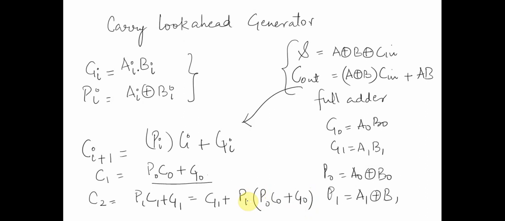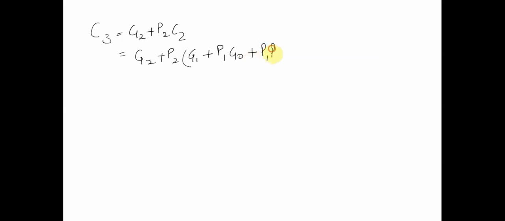Correct? In this way I can create all the terms. C3 would be G2 plus P2 C2. C2 is something we have already calculated, which is G1 plus P1 G0 plus P1 P0 C0.